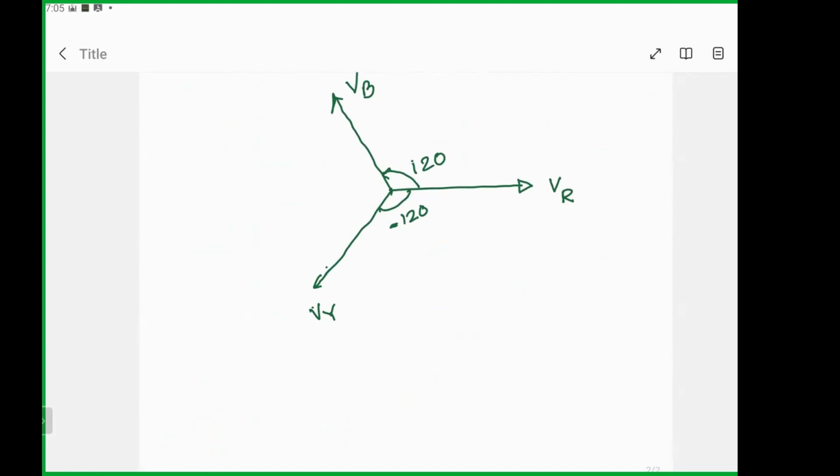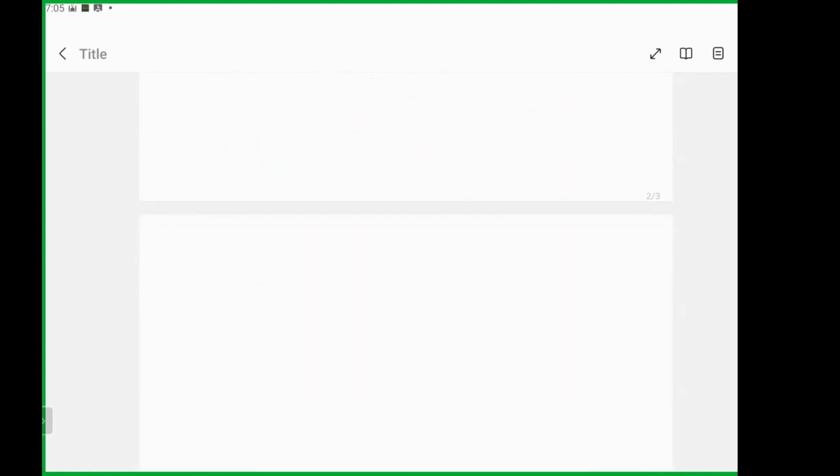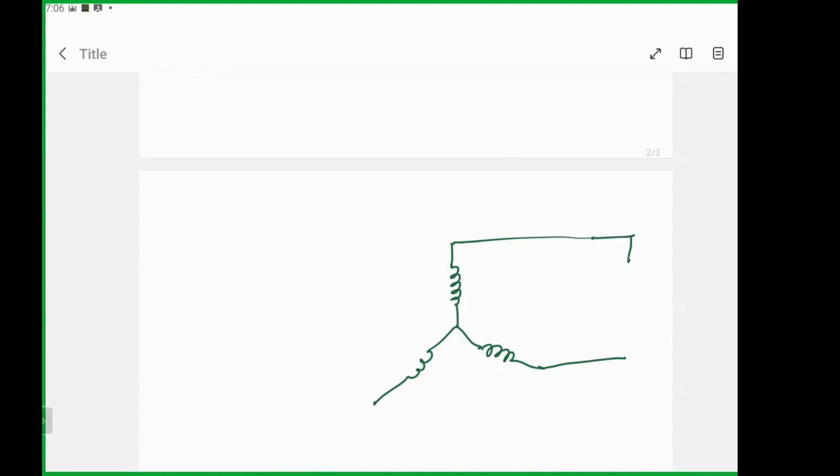We don't need to derive it, but just to give you an idea, if I have a coil here, this is the line voltage. We can consider this is R and this is Y, so this is RY. This one would be equal to VRN, and this one would be VYN.